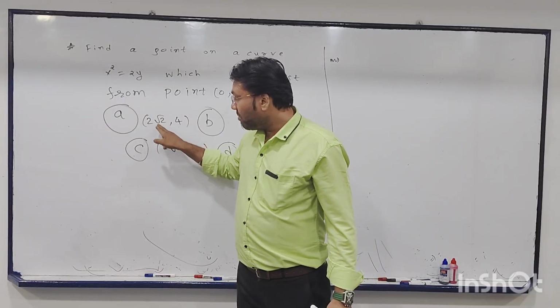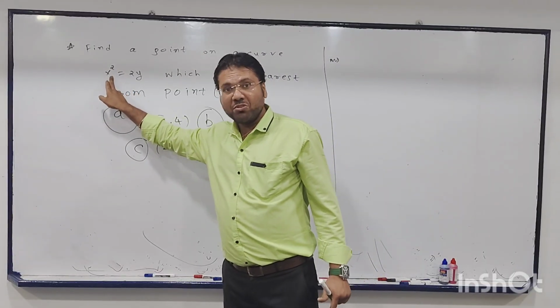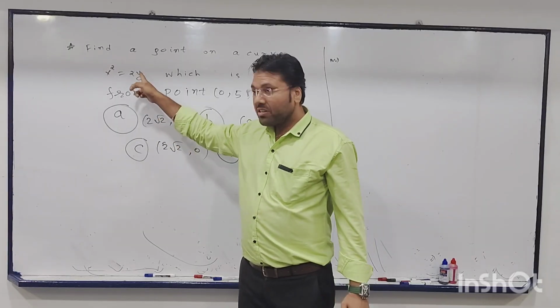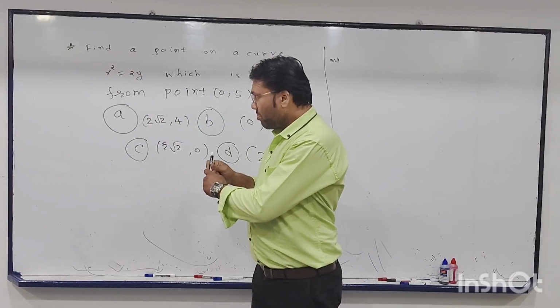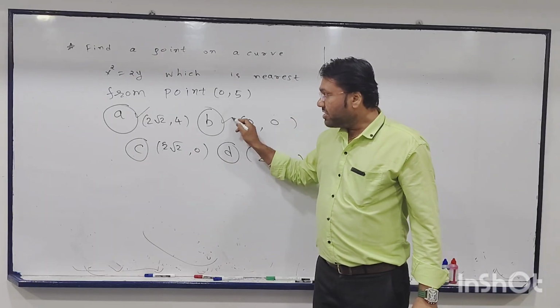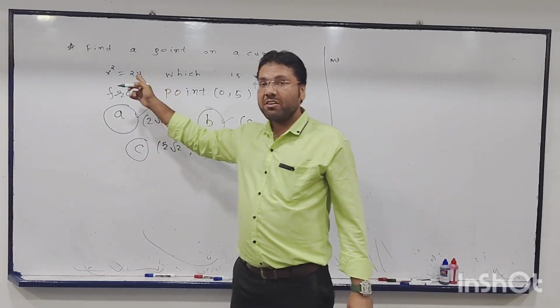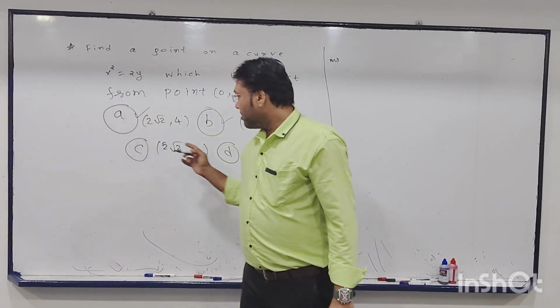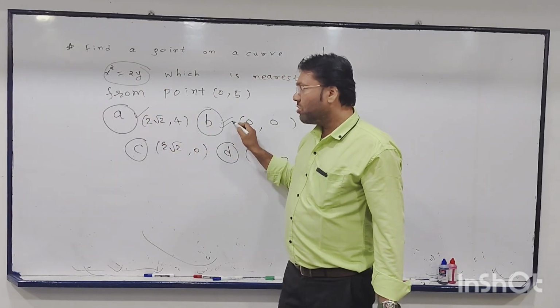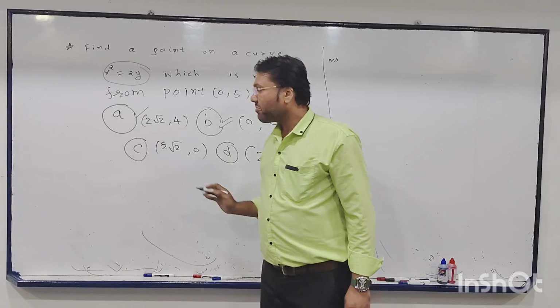It is satisfying the equation, so maybe option A is correct. Now, is (0, 0) satisfying the given equation? (0, 0) also satisfies, so maybe (0, 0) can be your answer.